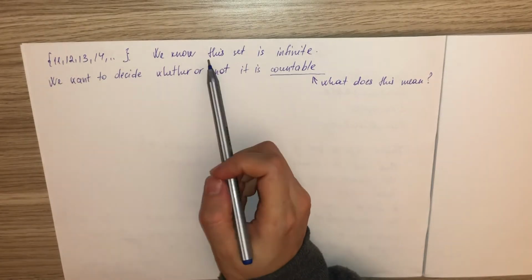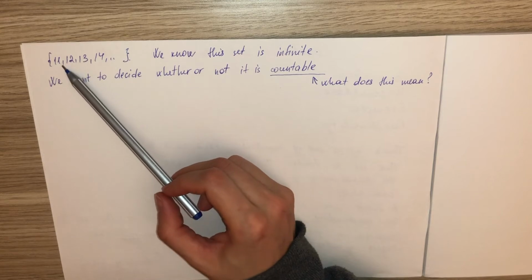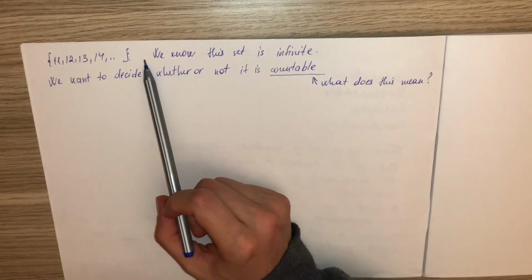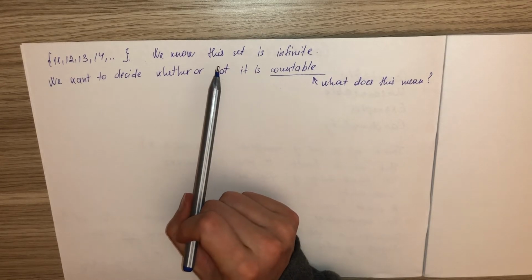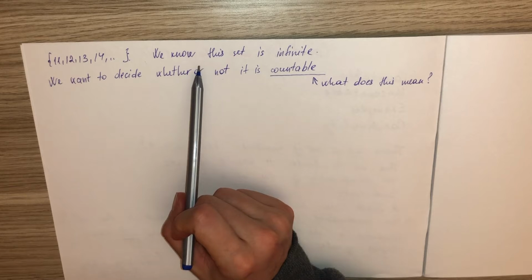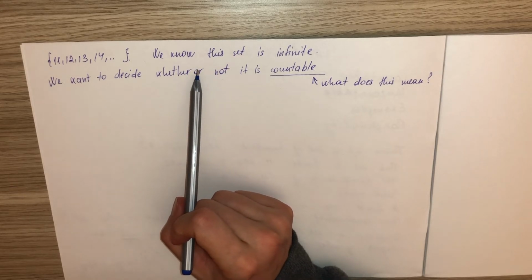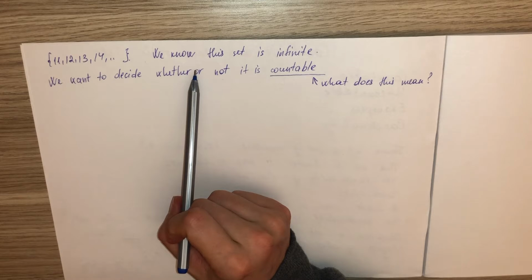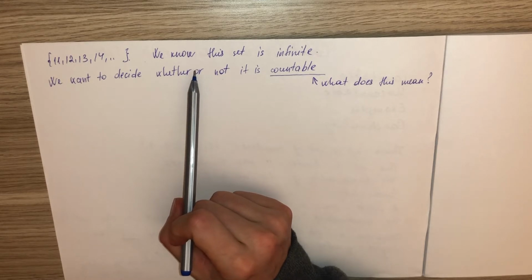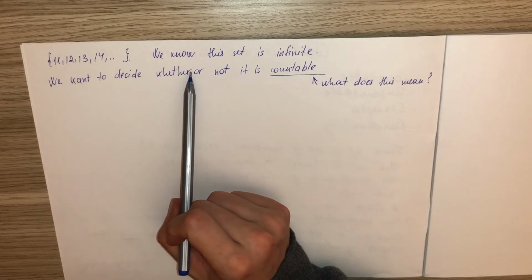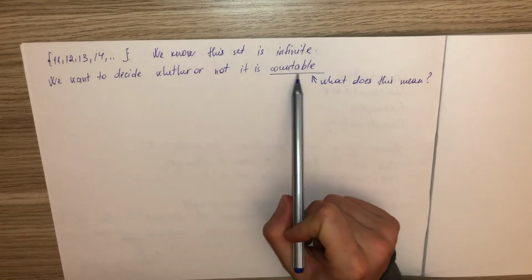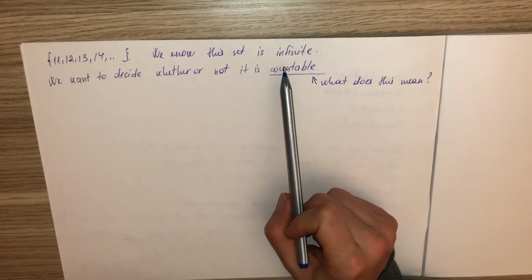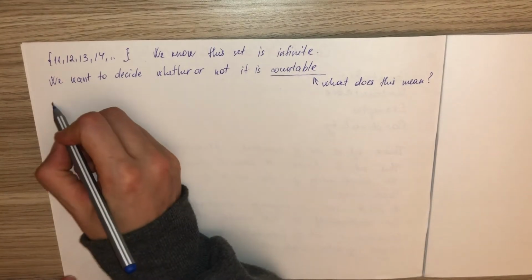So, we know that our given set greater than 10 is infinite, and we want to decide whether or not it's countable. As before, we mentioned that the set of elements from 1 to 5 or 1 to 10 is finite, and all the finite sets are countable. But what does it mean, the set countable? Let's learn. Definition.